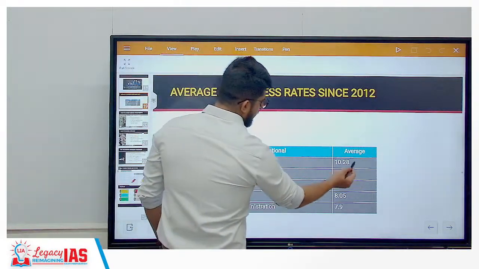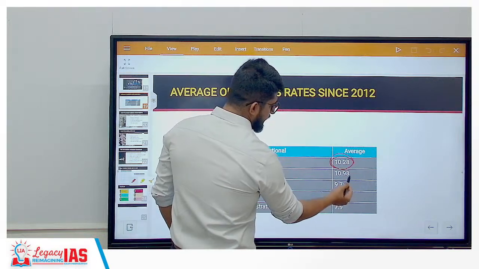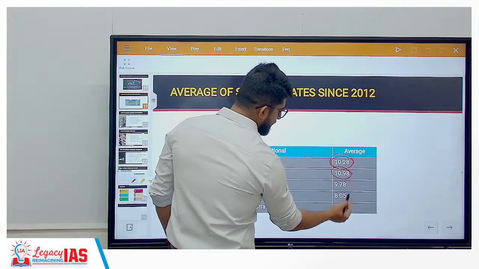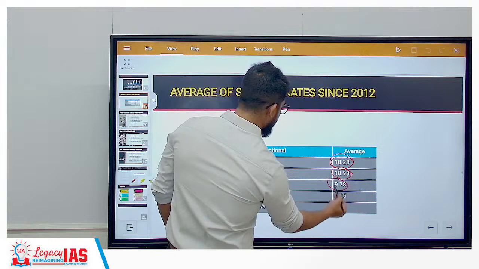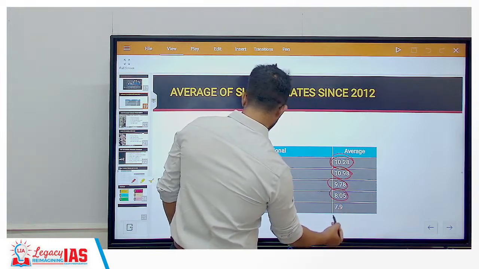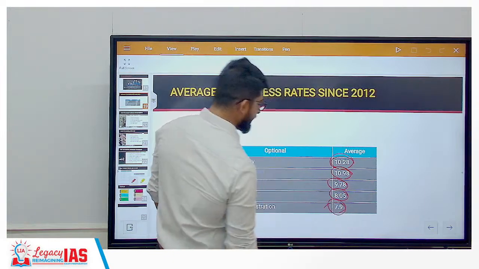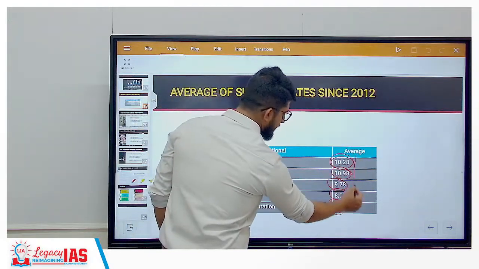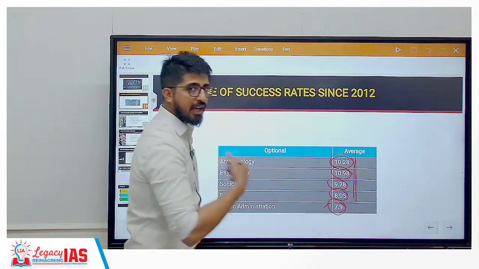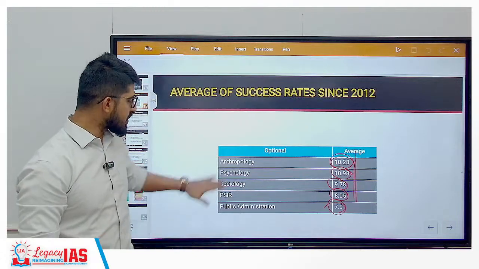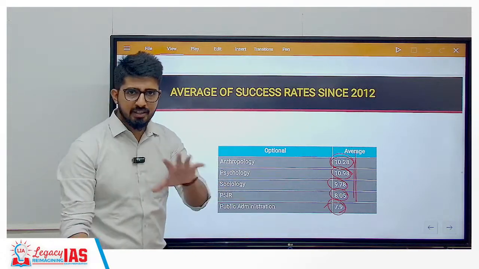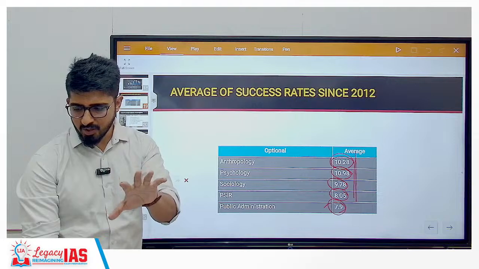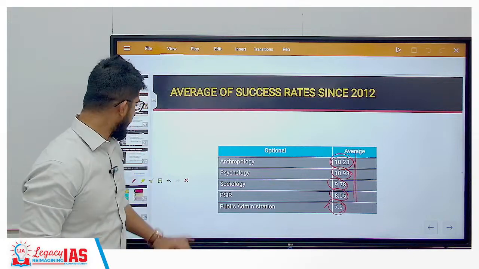Psychology is 10.98, sociology 9.78, PSIR 8.05, public administration 7.9. Whichever subjects have had the highest success rate in the last 8 to 10 years are the optionals provided here. So I think you found a reason why we provide only these as optionals.